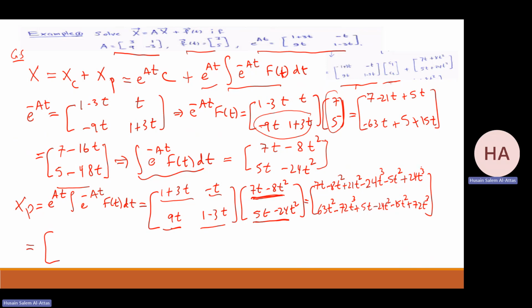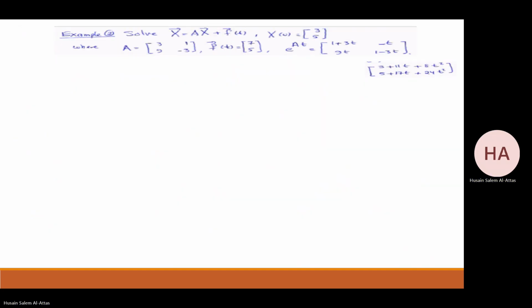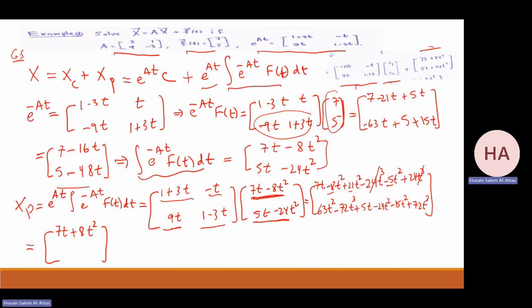Yeah. That will be what? Be careful here. This cancelled. Good. I have 7t. Then I have what? 21 minus 8 minus 5. 21 minus 13, plus 8t squared, which is this one. Good. Now, this one will be what? Cubed cancelled.